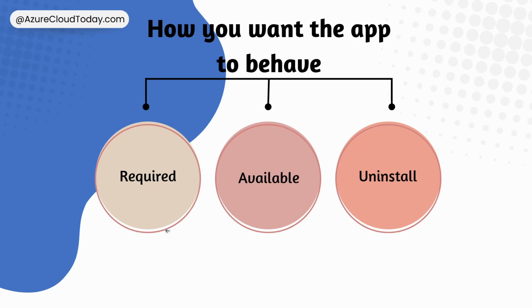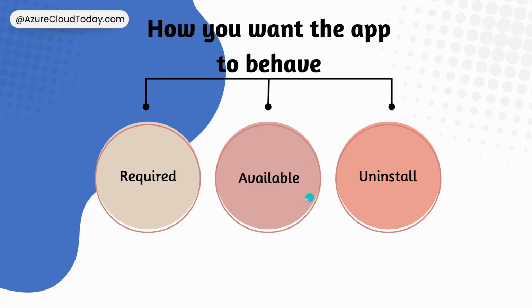It's unsupervised, and on an unsupervised iPhone, iOS itself insists on asking the user before it installs anything. So required over here doesn't mean it's invisible or that it will install no matter what. The user will get a prompt on their device to go ahead and click on install. And we'll see this live in a couple of minutes.